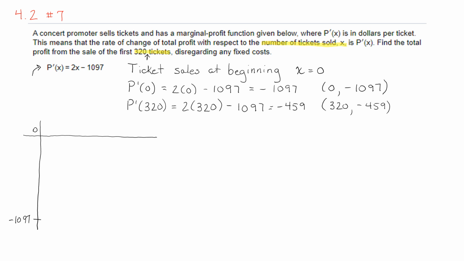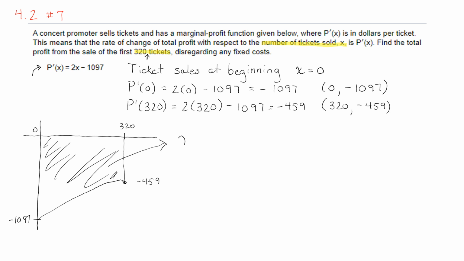And then if we go over on the X scale to 320, that ordered pair will be right here at negative 459. And if we draw, that should be straight, a rough graph, you'll hopefully, even with my little curve there, see that that area is the area of a trapezoid.